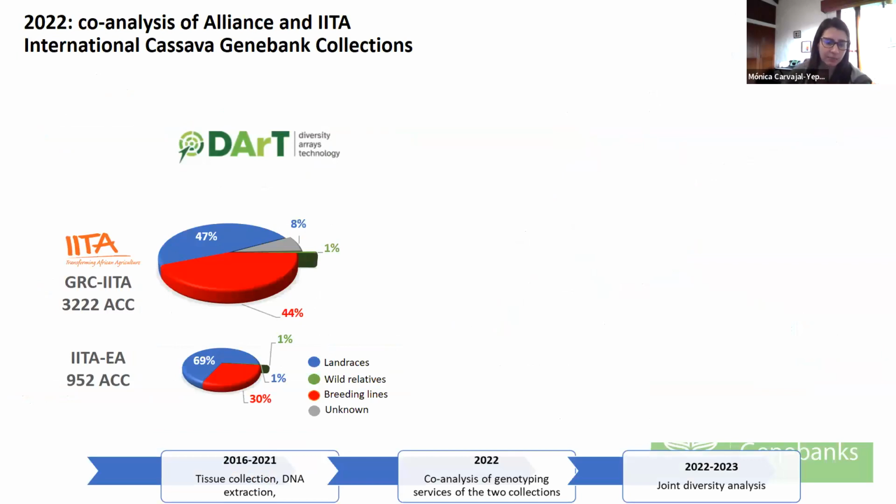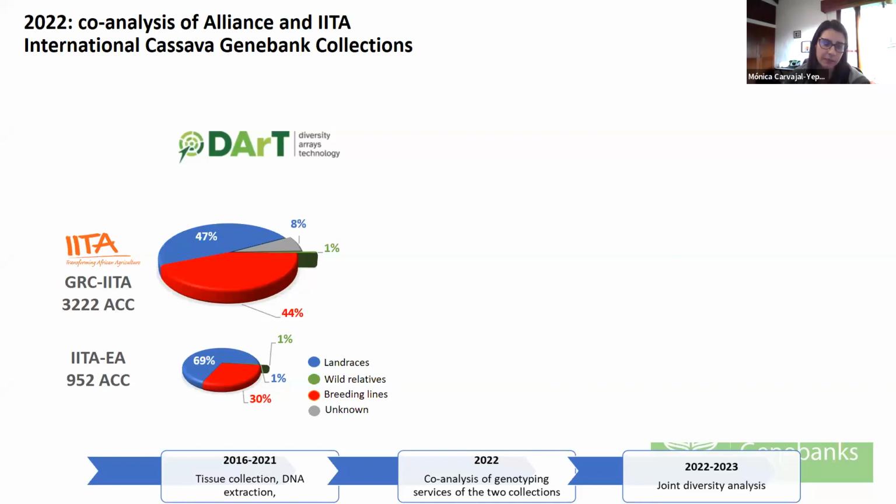Taking advantage that IITA has also produced DSI information from their collection using the same genotyping platform, we thought it would be very interesting to study the 2 collections together. These pie charts show the composition of the IITA collection.